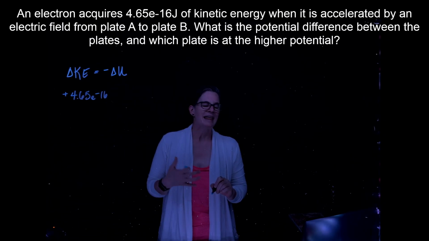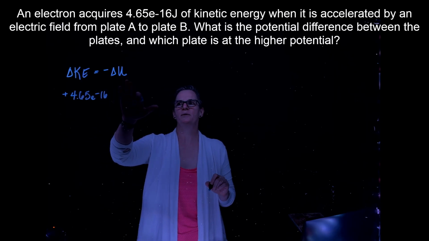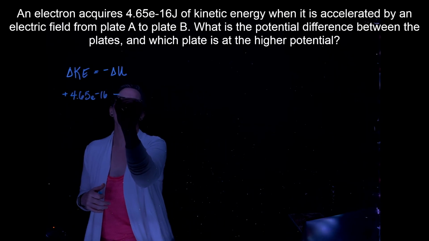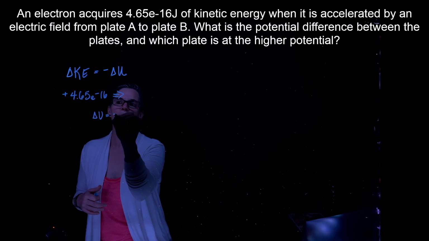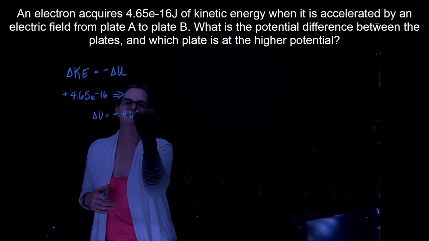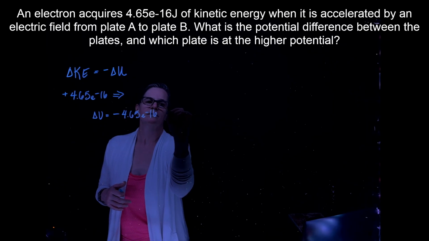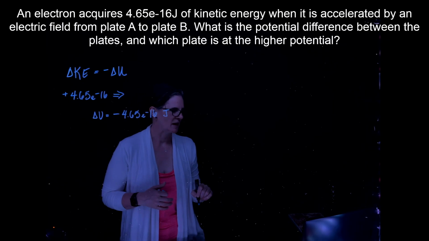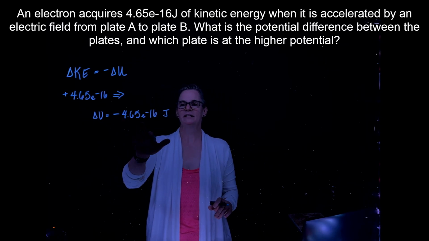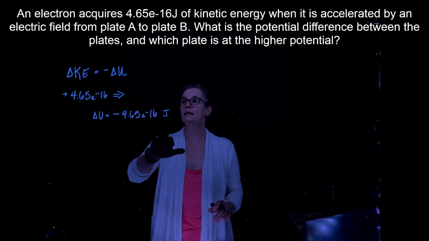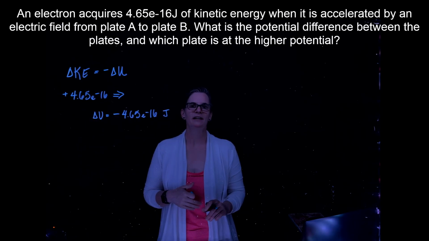That equals minus the change in potential energy. So the change in potential energy is minus 4.65 times 10 to the minus 16 joules, because minus and minus gives us that positive kinetic energy.